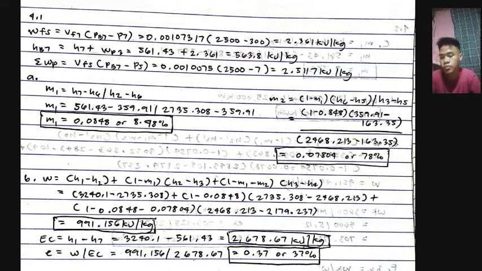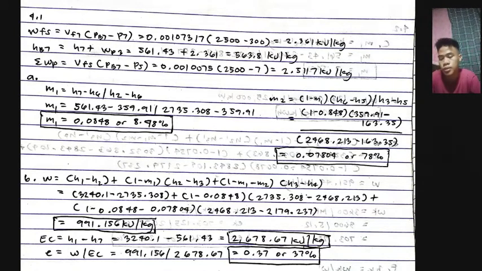So, M sub 2 equals (1 minus 0.0848) times (359.91 minus 163.35) over the denominator, and by calculating it, M sub 2 equals 0.07804, or 7.8%.